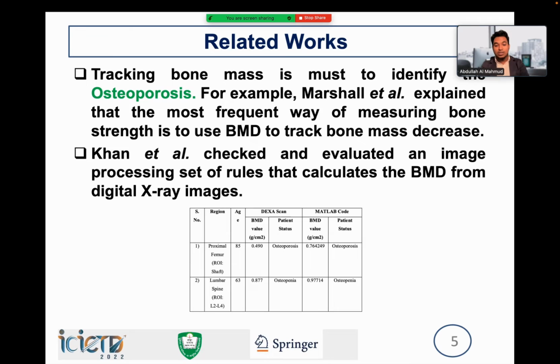As you can see on the screen, the DEXA scan and the MATLAB code both produce the same result, osteoporosis. In case number one, the region is the proximal femur and the age is 85. Both the DEXA and MATLAB code produce the same result, osteoporosis, and the BMD scores are given here.